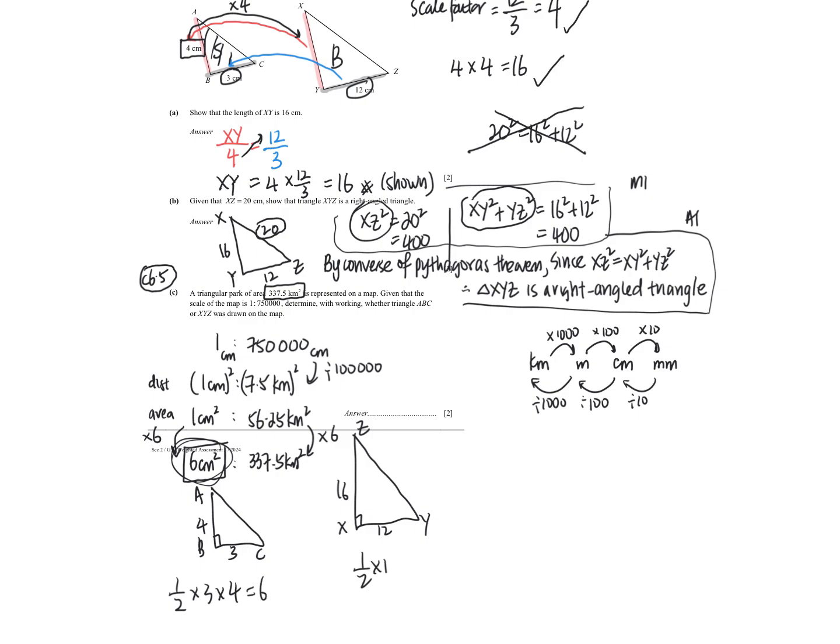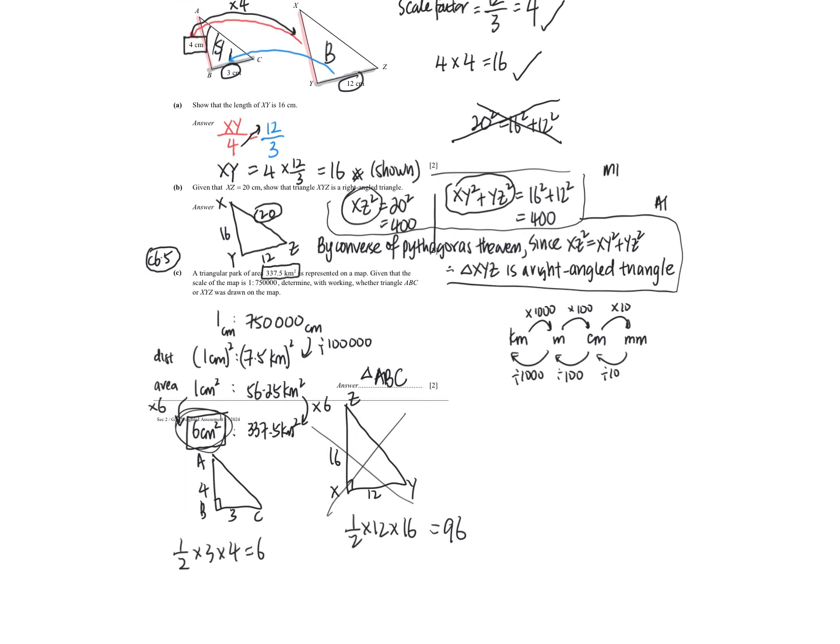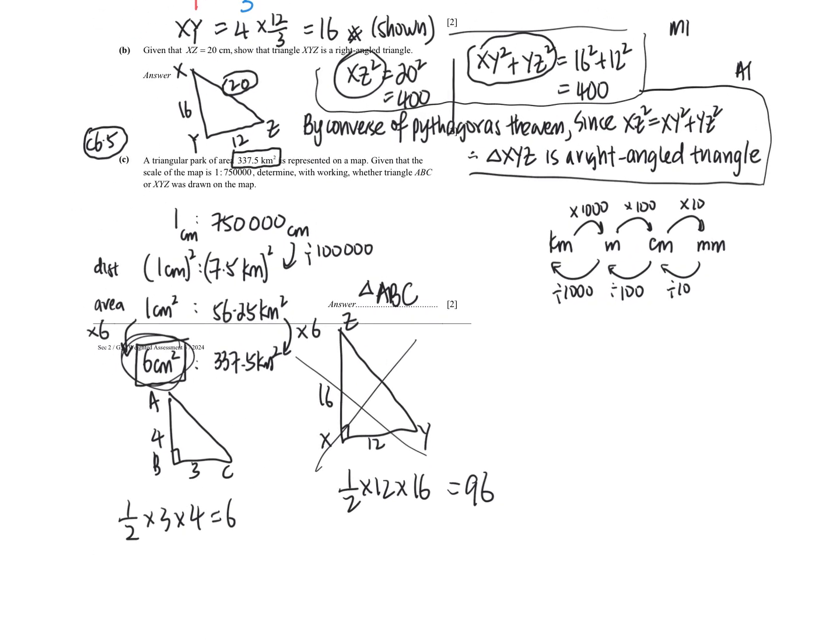This one will be 6 times 16, 96. So cannot be XYZ. It is triangle ABC. Some of you say yes and no. To what? I ask you triangle ABC or XYZ. You say yes. What is yes? So you must answer the question. I already asked you. Tell me whether it's triangle ABC or XYZ.